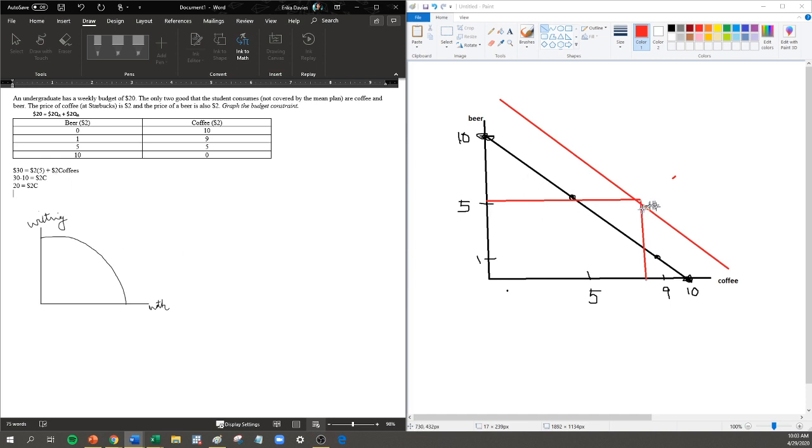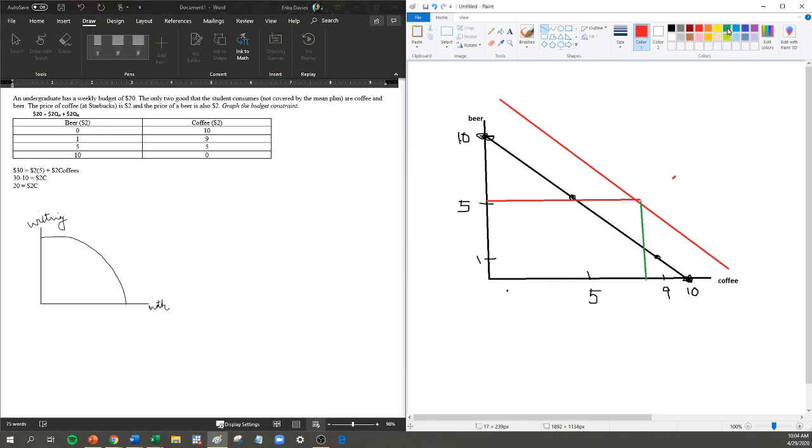I didn't draw that line super well, obviously, but if our budget goes out to 30, we can afford then 5 beers and 10 coffees instead of 5 beers and 5 coffees. Same with the PPF. If our budget increases, or if we get extra resources, or if the price of both resources decreases, we're going to see a shift outward of the whole entire PPF.